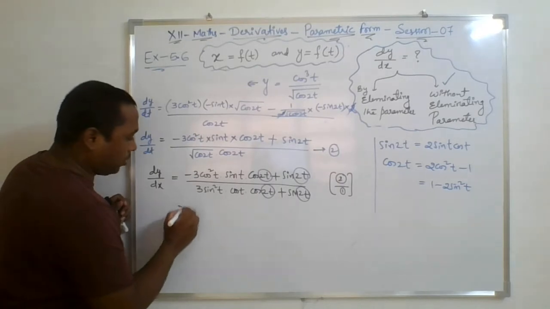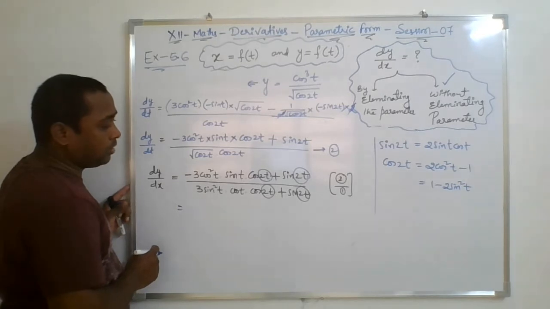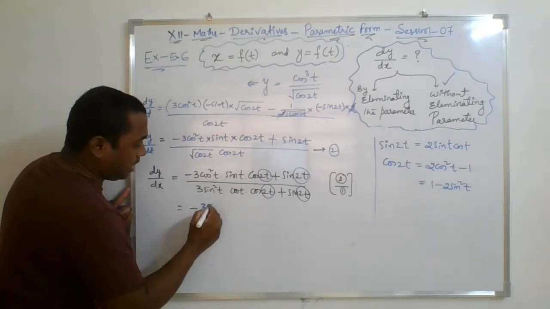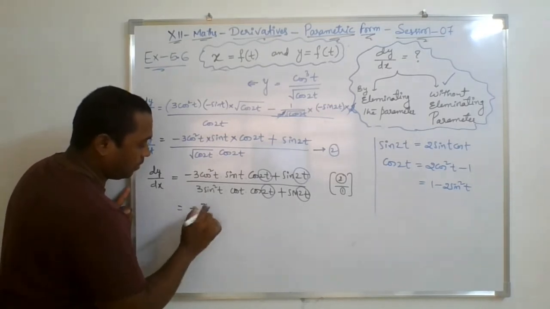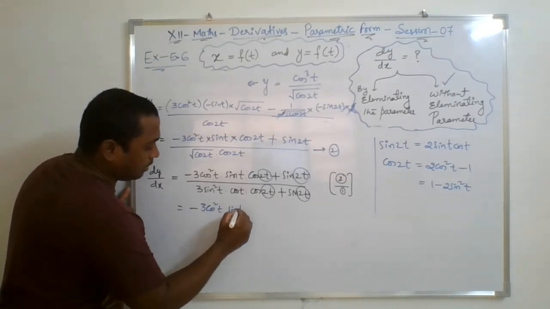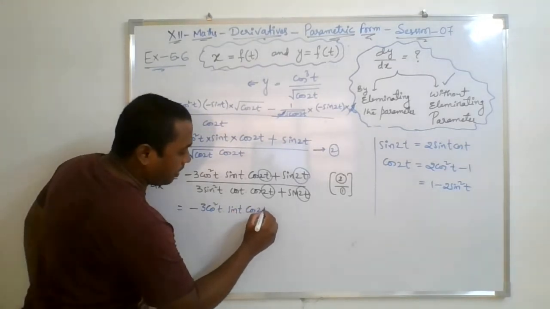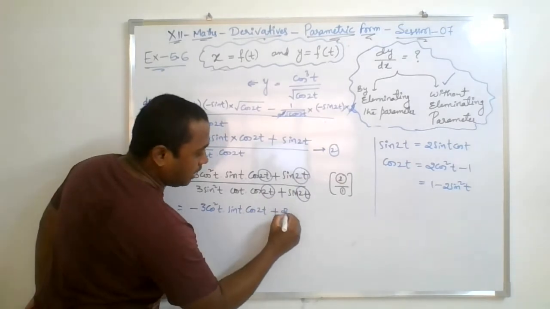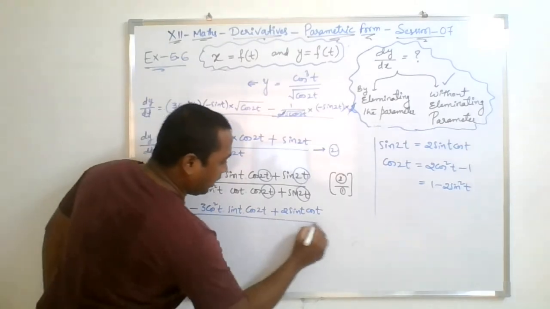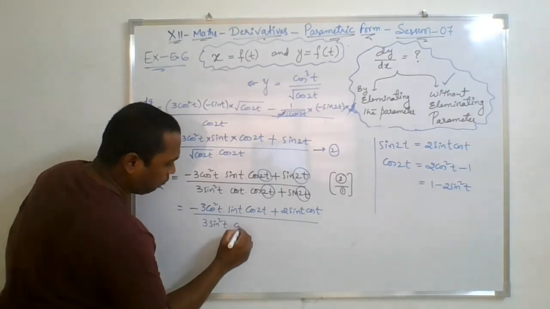So first I will try to reduce it. Simply, what I would write here is minus 3 cos square t into sine t into cos t cos 2t plus 2 sine t into cos t. I'm not disturbing cos 2t, I'm just writing sine 2t as 2 sine t and cos t, so that I can at least reduce some factors first and then go for the next change if required.